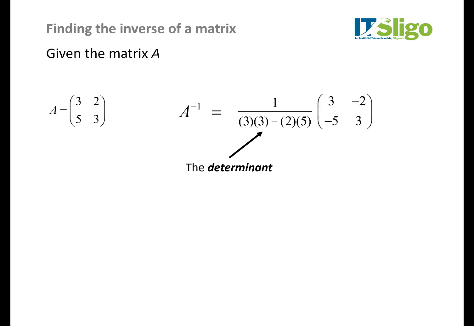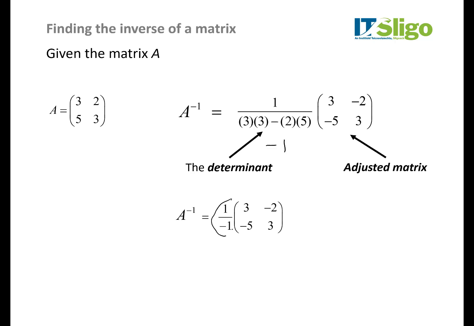And now I adjust the matrix. I swap 3 and 3. Obviously it doesn't look like there's any change. And then I change the sign on B and C. So now, as I said, the bottom here goes to minus 1. It's 9 minus 10. This is what my inverse looks like.